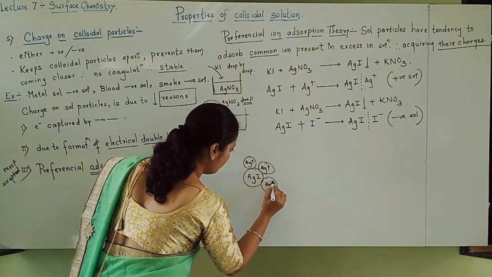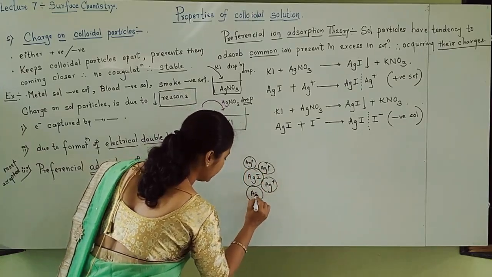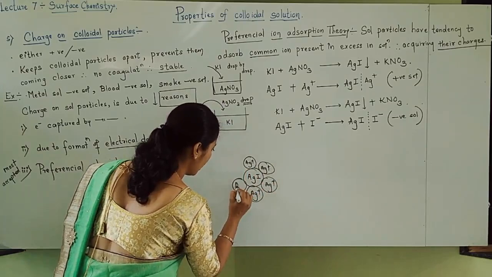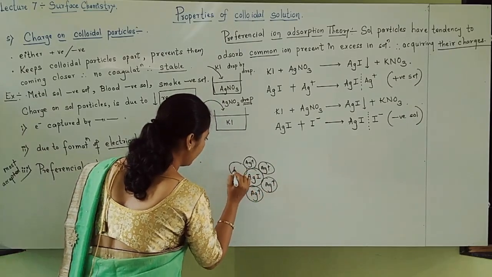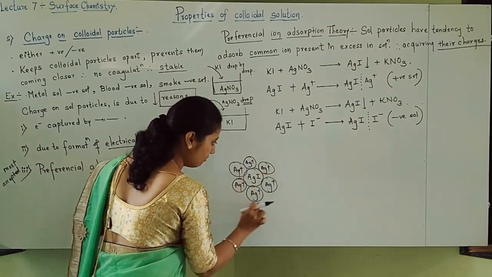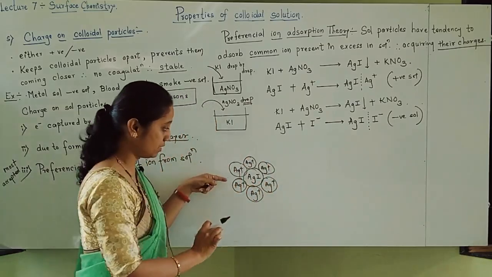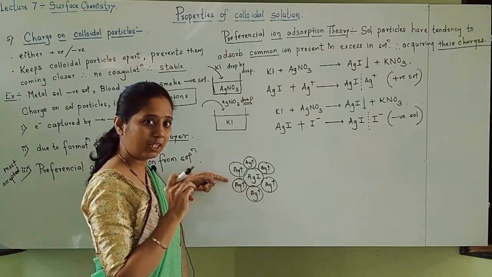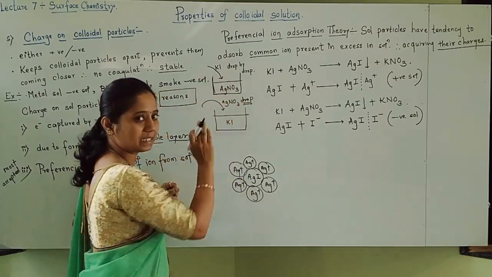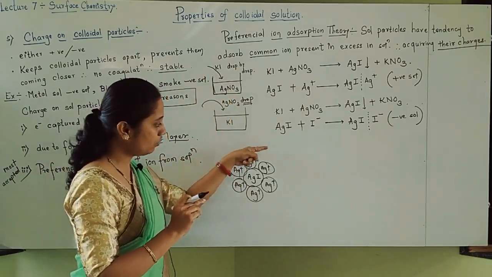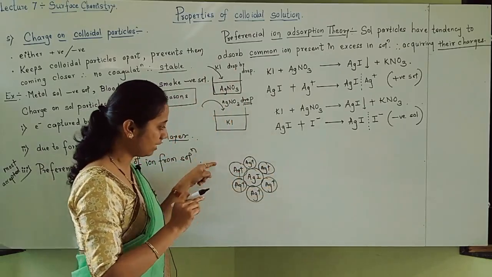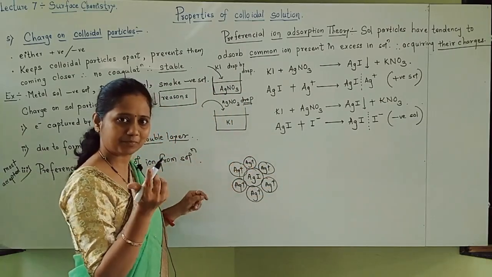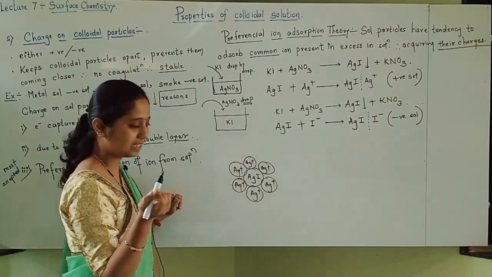Whatever Ag plus is adsorbed is giving positive charge to the colloidal particle. This is our colloidal particle, the dispersed phase. Positive charge is there. Now in the solution when it is dispersed, negative ions will get surrounded to it. Of course, opposite charges attract each other.